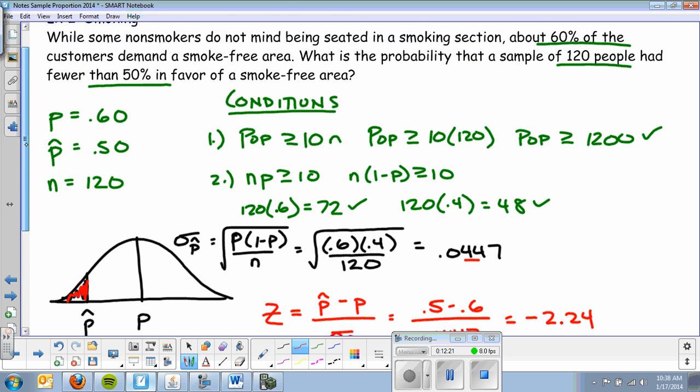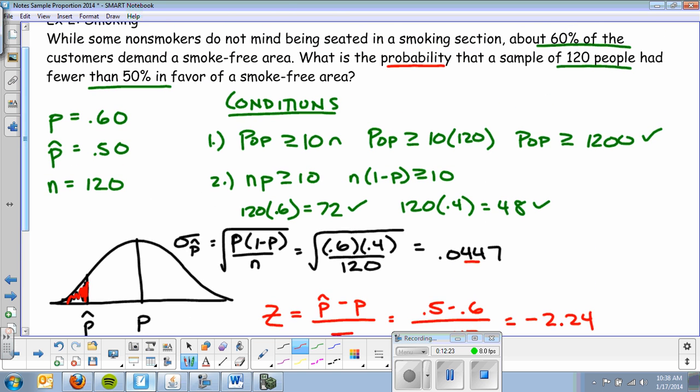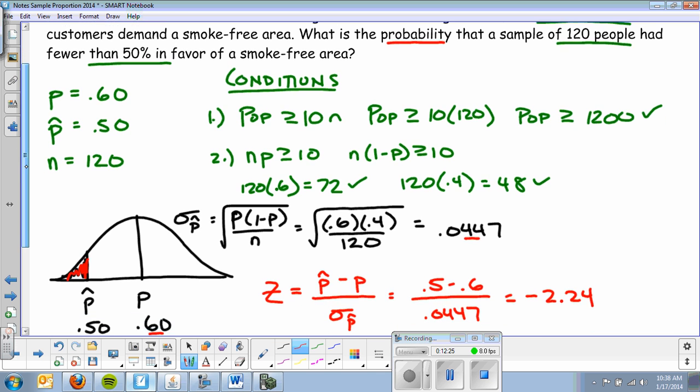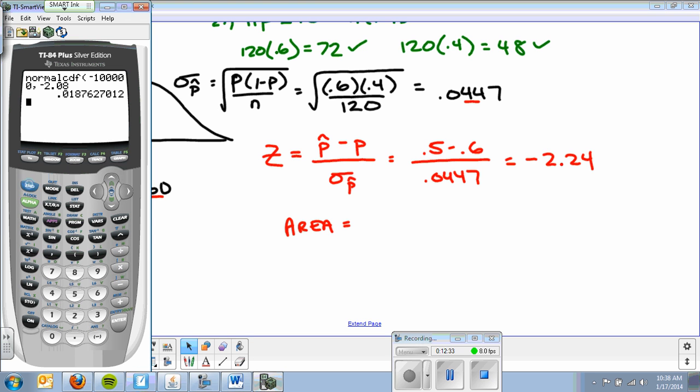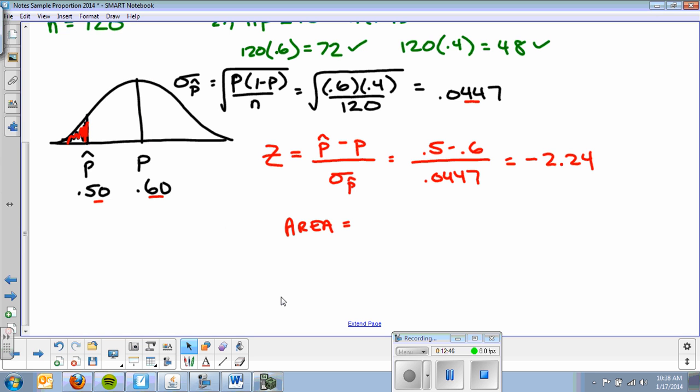That's what it's asking for: what is the probability that a sample of 120 people had fewer than 50% in favor? So the area, once I use my calculator, second VARS, normal CDF, min, negative 1 and a bunch of zeros because I'm going to the left, and negative 2.24, and I get 0.0125. 0.0125, which is my final answer.